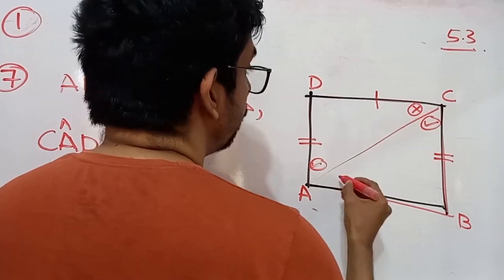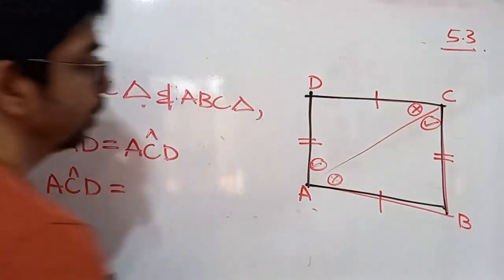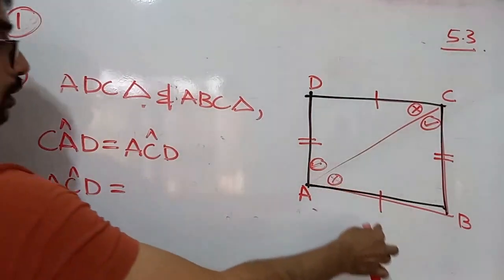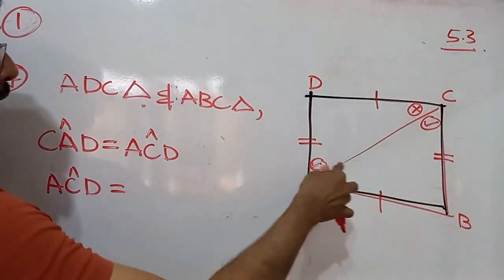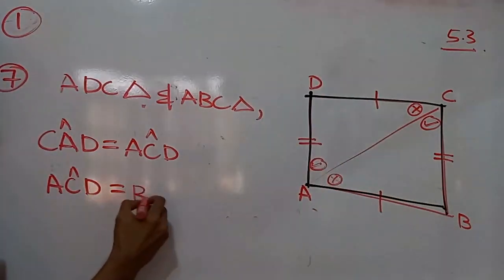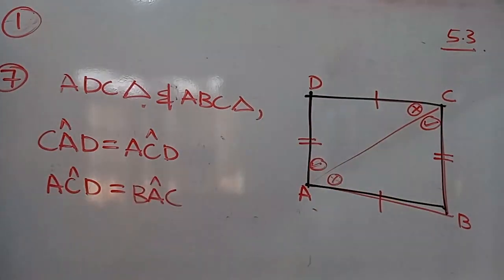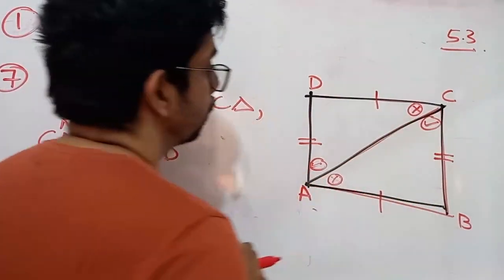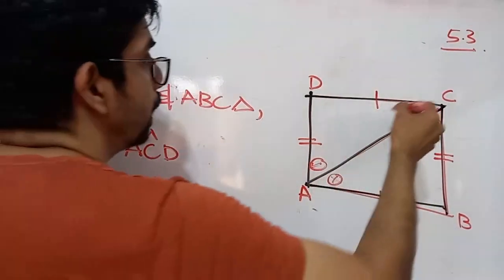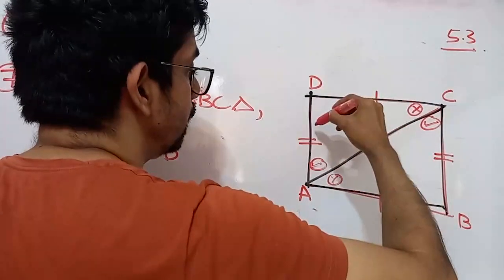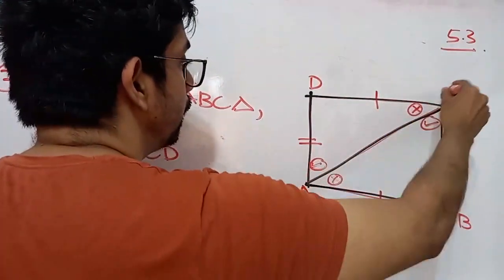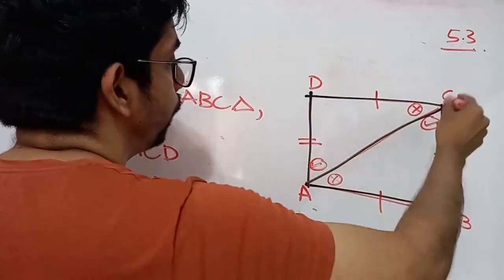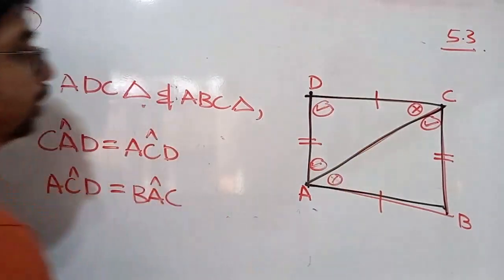So how do we name this angle? BAC. BAC. Right. Then we have the side AC. Right? And if we consider the triangle ADC, what's the opposite angle to AC? This angle.